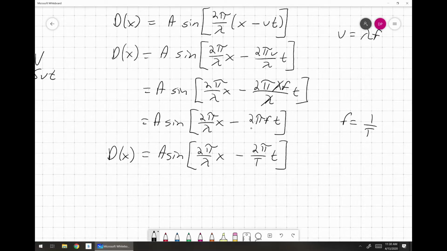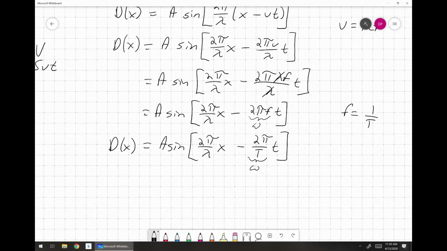So looking back here, we know that this was defined as omega. This is also omega, that angular frequency that we talked about when we discussed simple harmonic motion, right? So we can replace this 2 pi over T, or the 2 pi f, with just this omega.